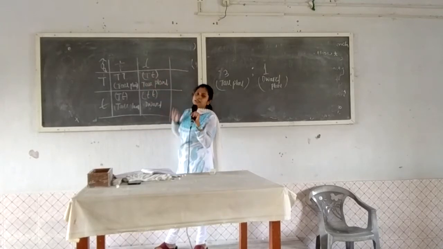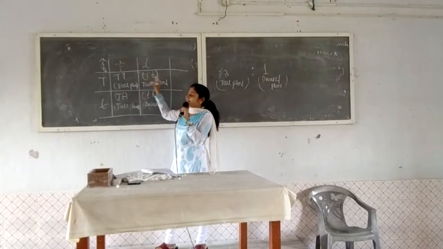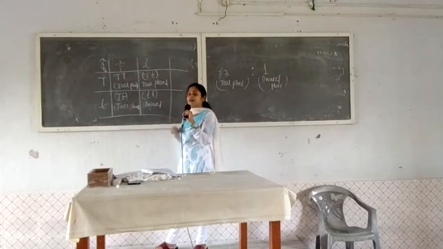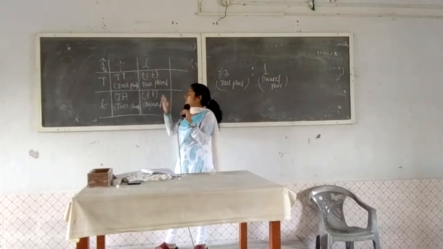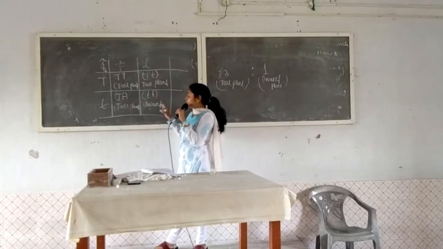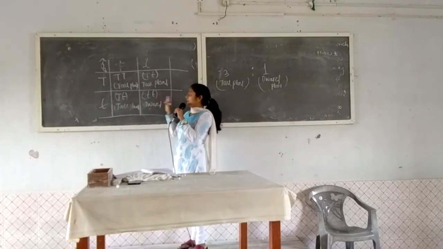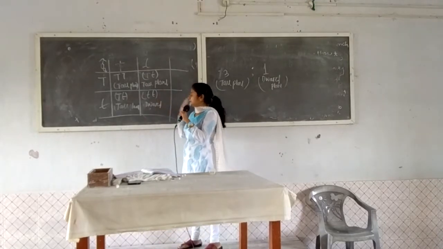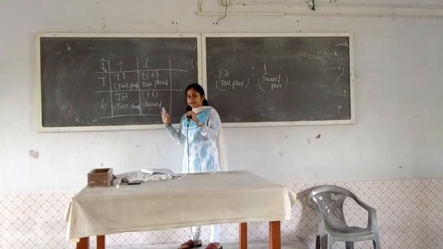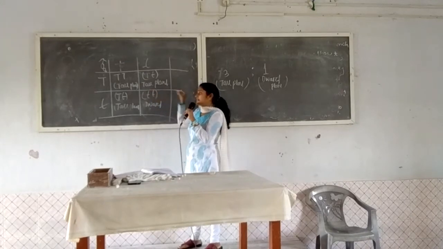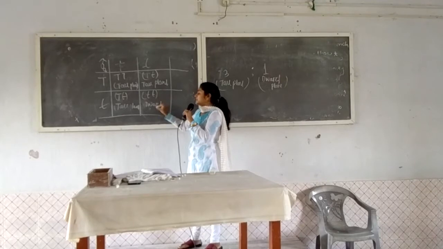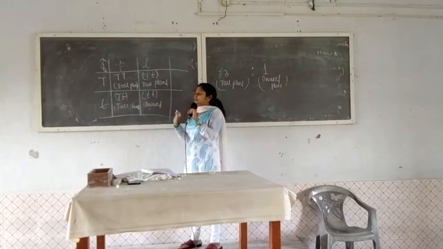Capital T represents the tall plant, small t represents the dwarf character, and capital T is dominant over the dwarf character. For this it is a tall plant. But here both the genes or alleles are recessive characters, and both the genes are the same. For this the plant is dwarf.